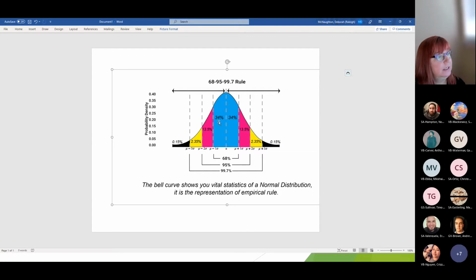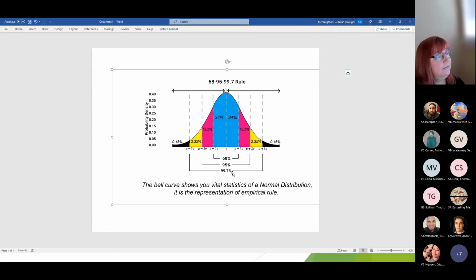So 34% is here and 34% is here. And then 95% of the data lies within 2 standard deviations of the mean. So since 68% is here, 95 minus 68 is 27%. And then we divide that by 2, and 13.5 is here, and 13.5 is here.